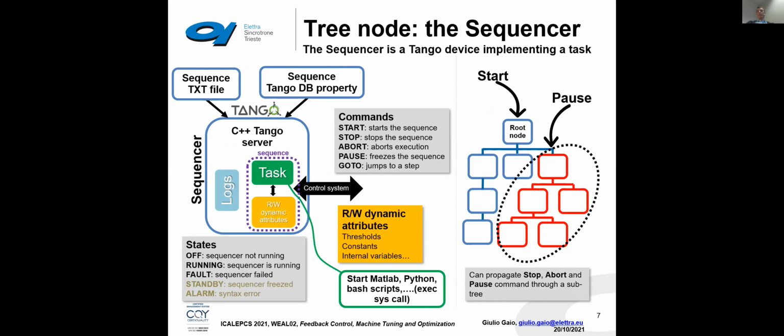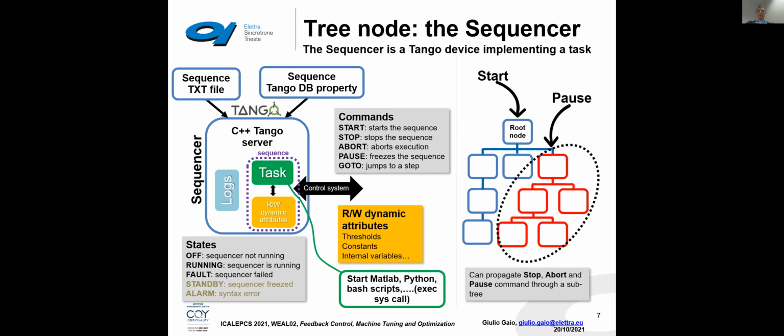The main actor of the behavior tree is a tree node that we call, without much fantasy, the sequencer. The sequencer is a Tango device that implements a task. When the sequencer starts its initialization, it loads the sequence from a text file or from the Tango database. The sequence is composed of two parts. In the first part, the developer implements the logic for the task with the scripting language.